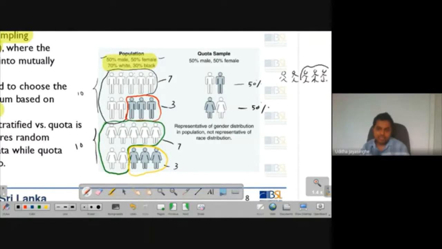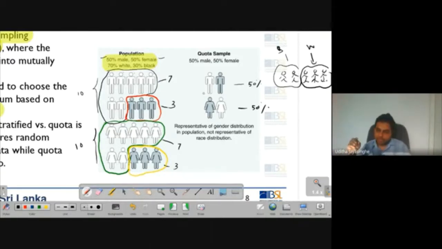In such instances, you may have to select 3 white and 2 black for the race distribution to be equal. But here, since you have only 2, for this particular selection they have selected 1 white person and 1 black person. So it is going to be very effective as per their belief.